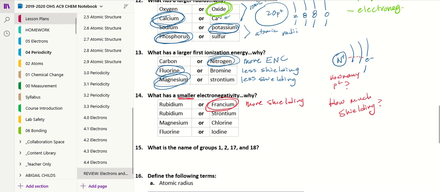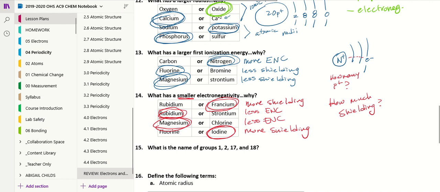Same period. So we're talking about the one with less ENC, rubidium. Less ENC. All right, what about magnesium and chlorine? Magnesium, again, same period, so less ENC. Fluorine and iodine. Why iodine? More shielding.